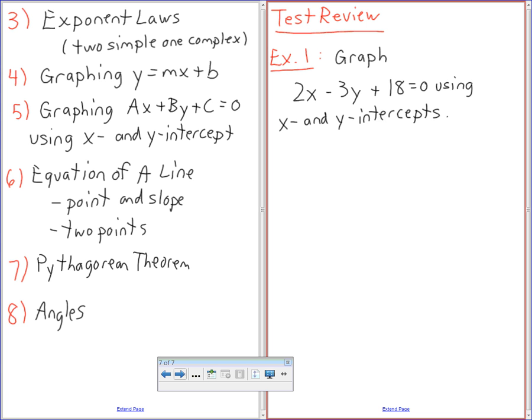All right, so Lindsay, let's start with x-intercept here. Do you remember how to find the x-intercept? Very good. To find the x-intercept, we're going to set y equals 0. So what you're going to do is 2x minus 3 times 0 plus 18.